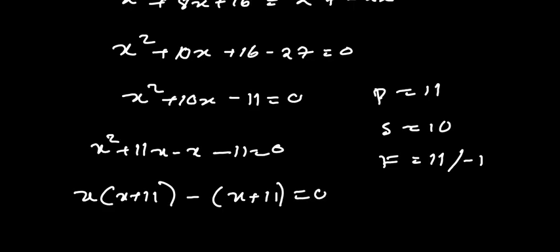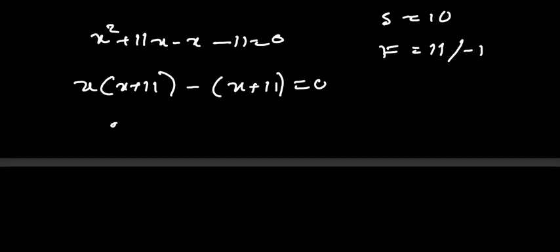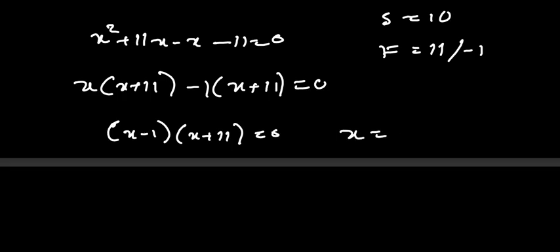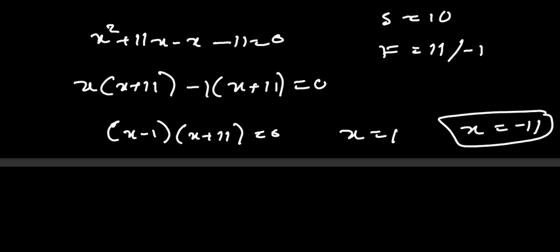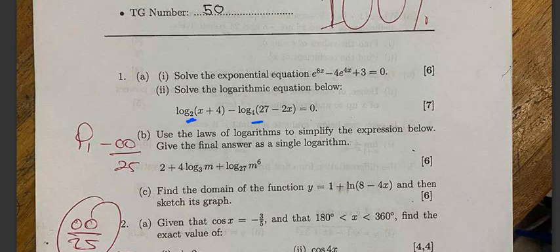Then there's x minus 1 and there's x plus 11. We solve each of these, the first one and the second one. So that answers the question in terms of getting the two values of x.